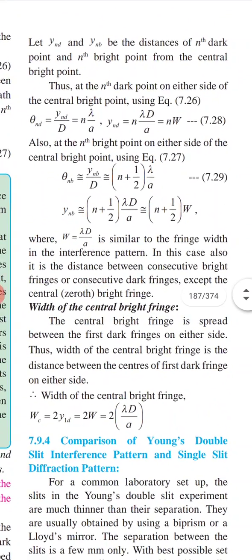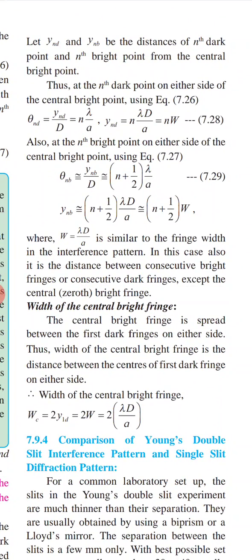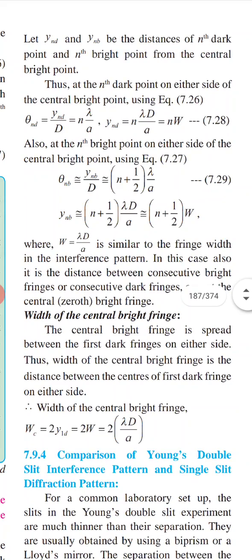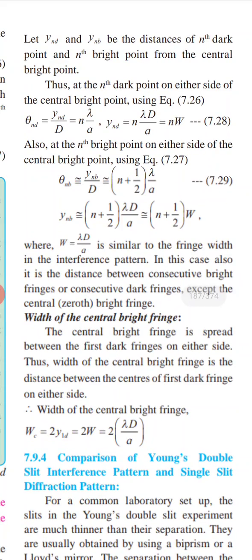So let y_nD and y_nB be the distances of the nth dark point and nth bright point from the central bright point. At the nth dark point on either side of the central bright point, from equation 7.26, theta_nD is equal to y_nD upon D, which is equal to n lambda upon a.